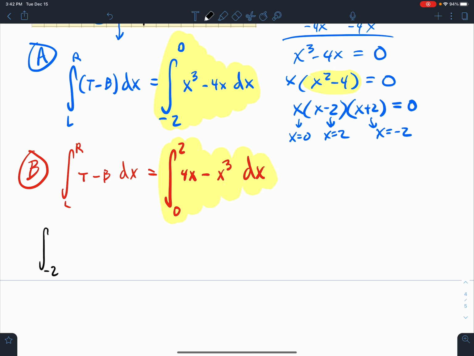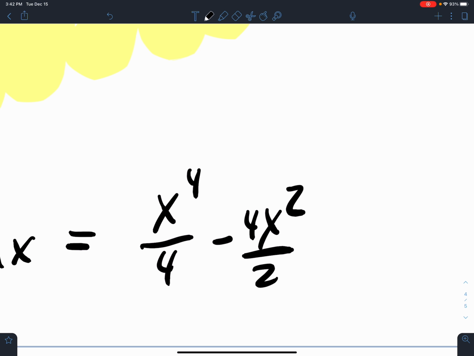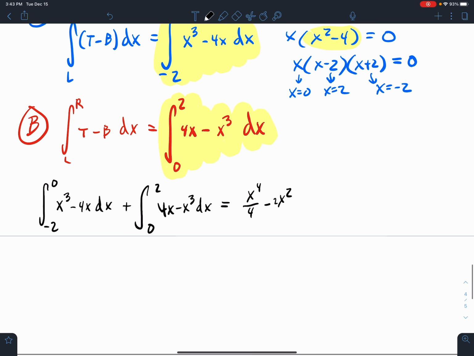Integral -2 to 0 x cubed minus 4x dx plus integral 0 to 2 4x minus x cubed dx equals, I'm going to integrate this. First one is x to the fourth over 4 minus x squared over 2 times 4. The 2 and the 4 cancel each other. And so it ends up just being 2, so it'd be x squared times 2.